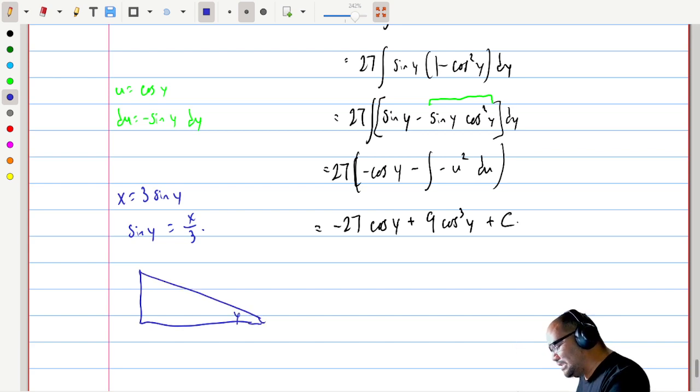Get the trig ratio by itself. Pythagoras. And you see cosine of y.